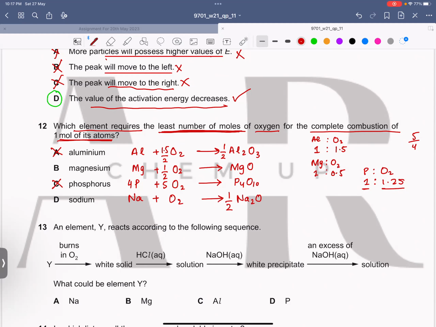There is a half mole of oxygen atom, and here we have an oxygen molecule, so it would become 1 over 4. So when I compare sodium and oxygen, I can say for 1 mole of sodium, 0.25 moles of oxygen is needed, which makes D wrong as well, and your correct answer is B. Is this understandable to everyone?